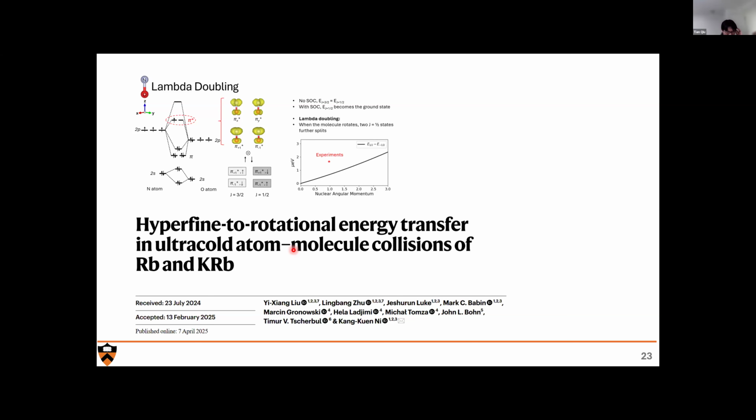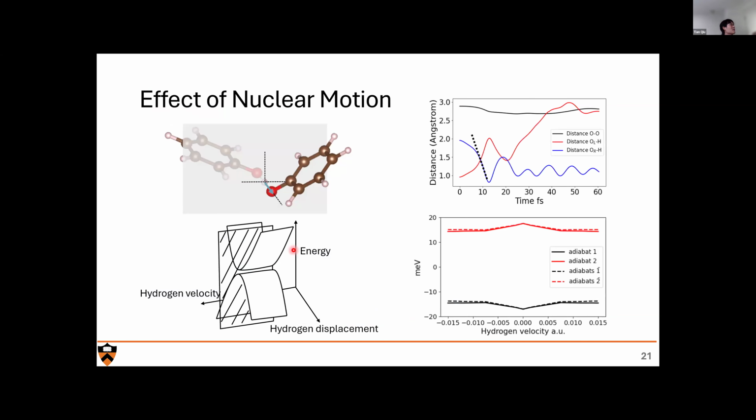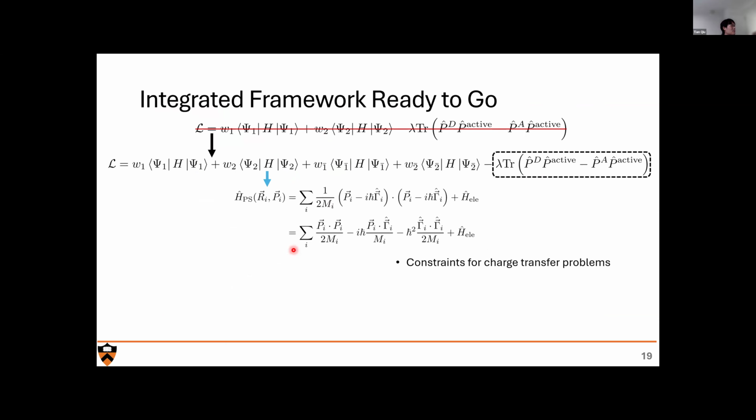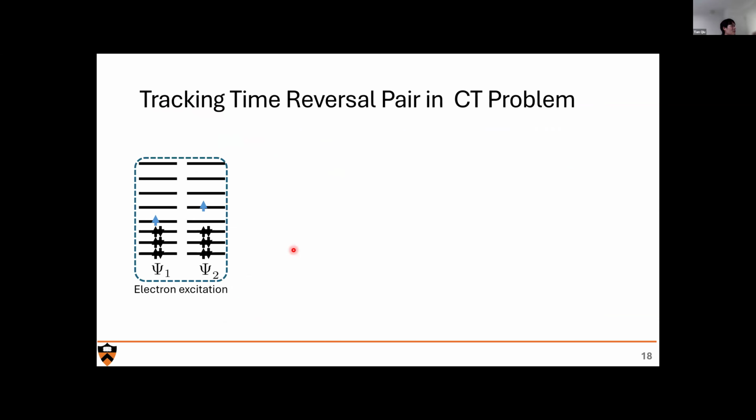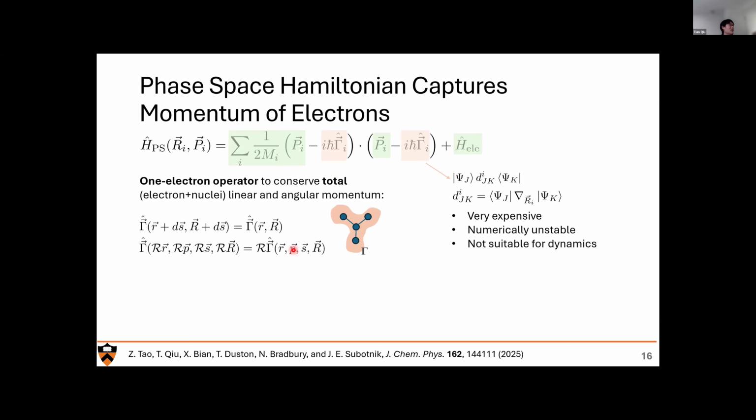Okay. The classical analog of the phase space Hamiltonian. You can think of this force field as some kind of, for example, centrifugal force or that kind of thing.